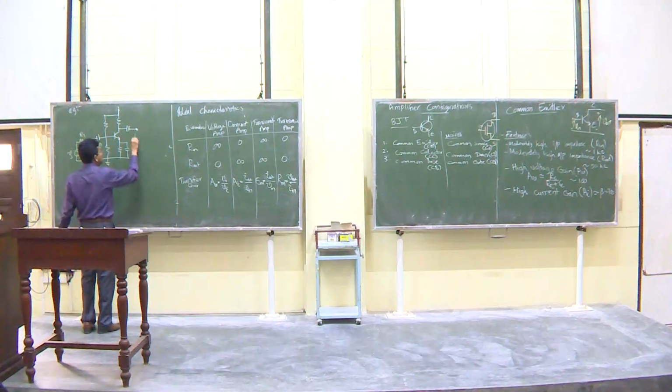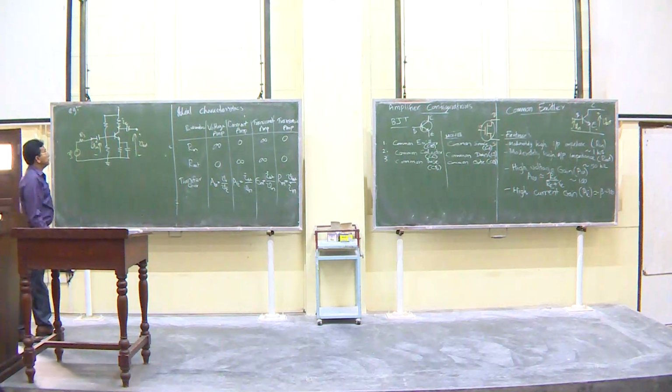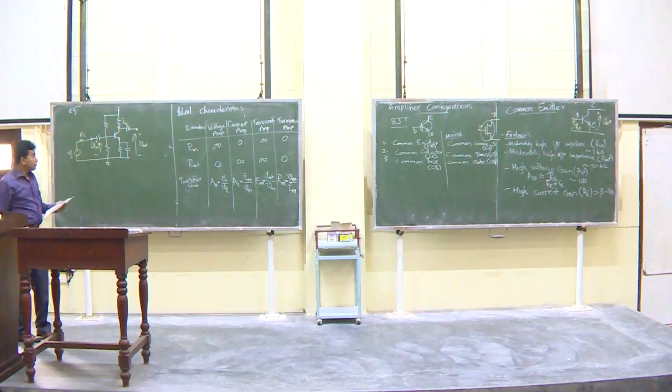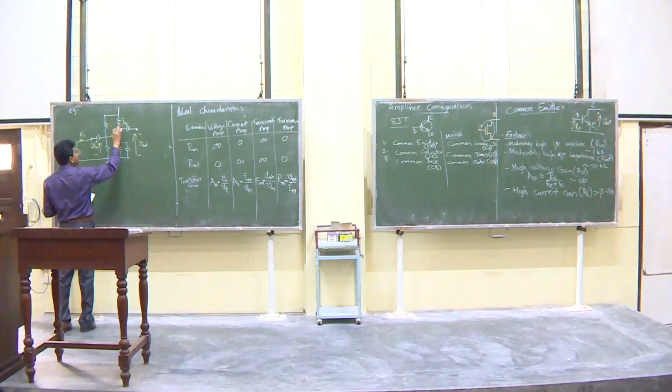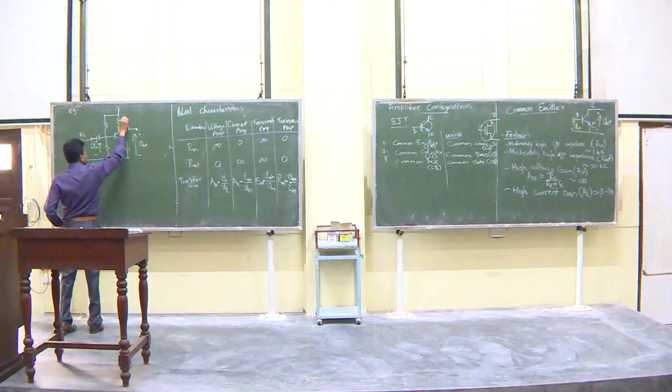Input voltage, output voltage. This is the current IC. That is considered the IC. Let me mark here IC, because both these currents going into the output as well as to RC are considered as the IC.